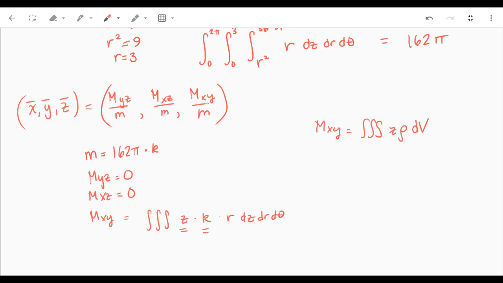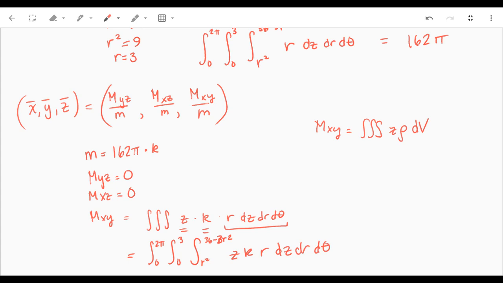And then dv, we're not doing dx, dy, dz, we're doing r, dz, dr, d theta, okay? So for this one, we would do, again, using the correct limits, 0 to 2 pi, 0 to 3, 3r squared to 36 minus r squared, z, k, r, dz, dr, d theta.